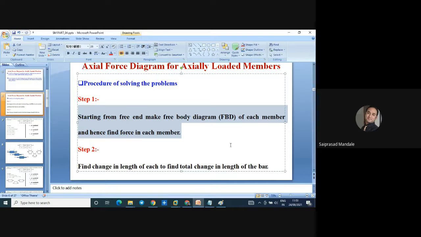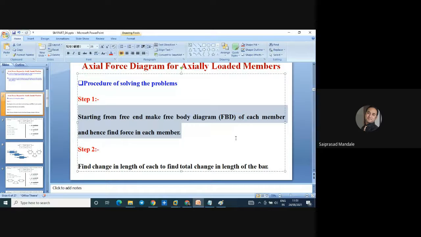I'm repeating these things, so try to understand what I told you. Up till now, what we have studied is the body which is loaded at either end. Now this is a separate case.